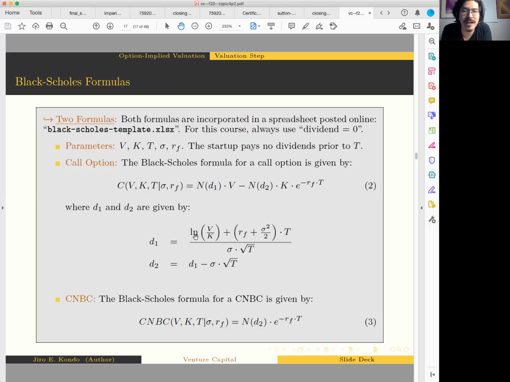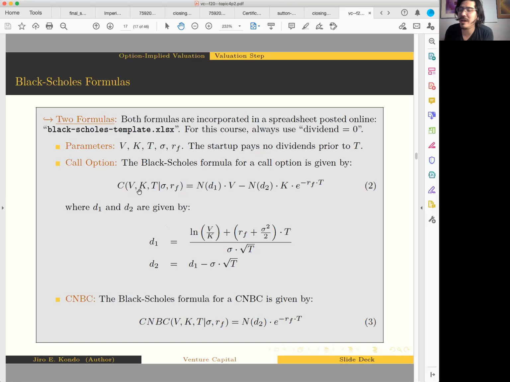The Black-Scholes formula is a rigorous mathematical model that gives you a formula for the price of any call option on that underlying asset. It has inputs. The inputs are the value of the underlying asset, in this case the value of the startup as a whole, what the strike price of the option is, and what the maturity date of the option is.